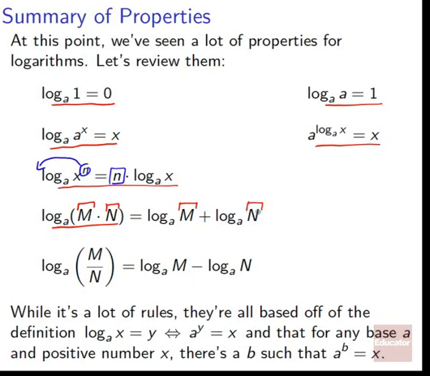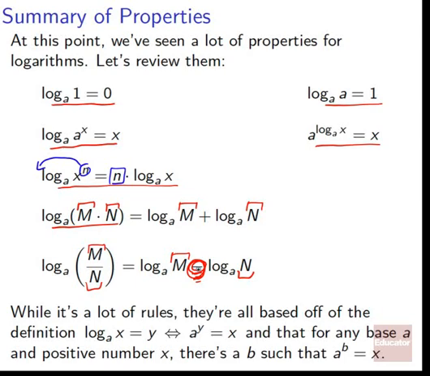So multiplication inside a logarithm becomes addition outside of the logarithm. Log base a of m over n is log m minus log n. If we've got m here and n here, then we've got this minus sign right here. So division inside of the logarithm becomes subtraction outside the logarithm once we split into two logs.